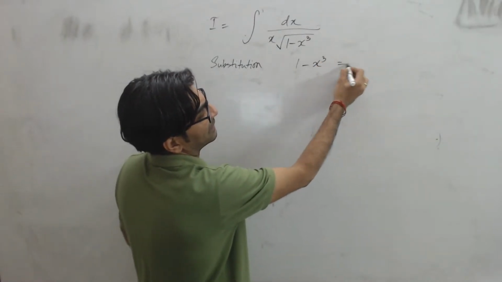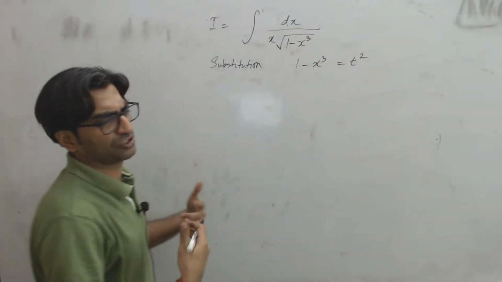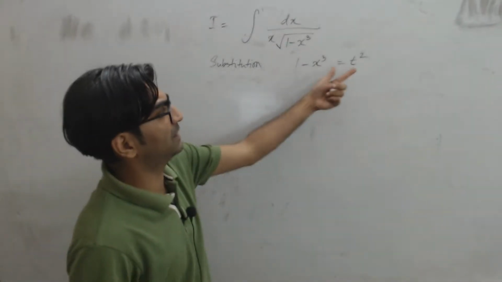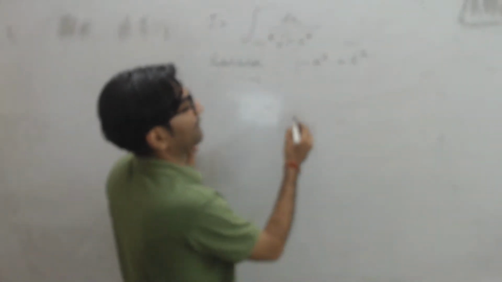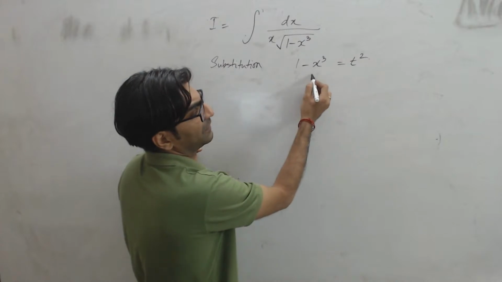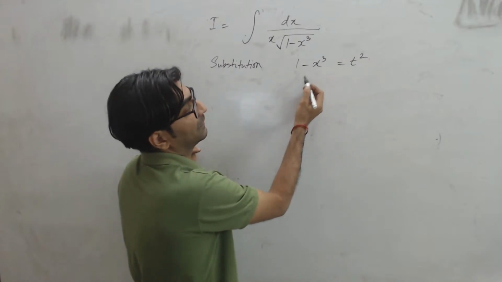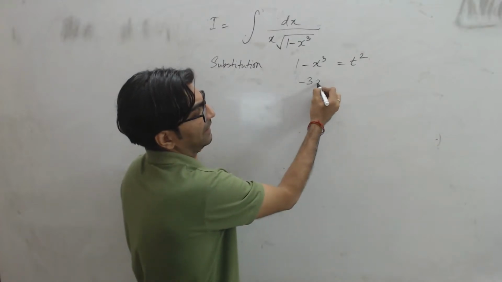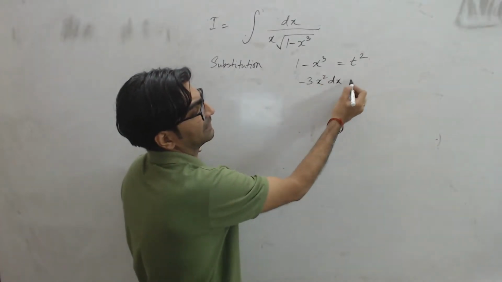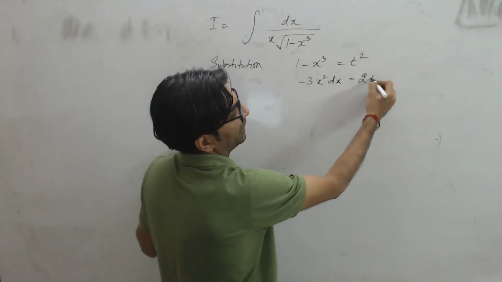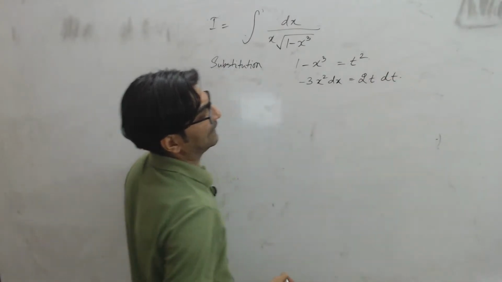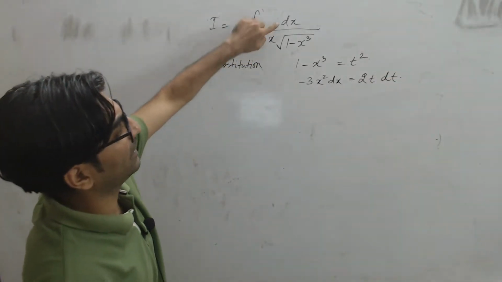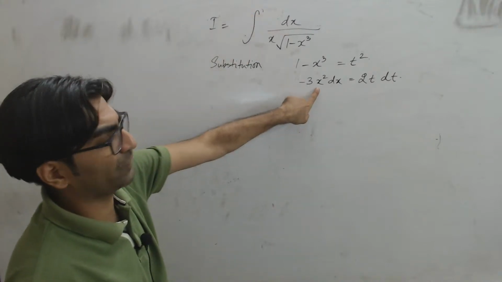Let's say 1 minus x cube is t square, so that the square root goes away. If 1 minus x cube is t square, then differentiating it with respect to x, I'll get minus 3x square dx equal to 2t dt, right? So I can't directly substitute dx; I need x square along with it.